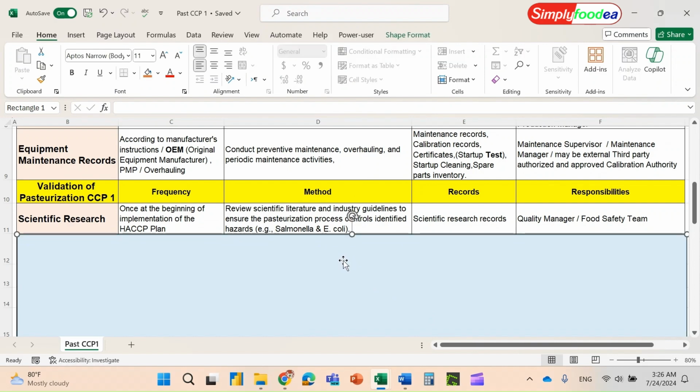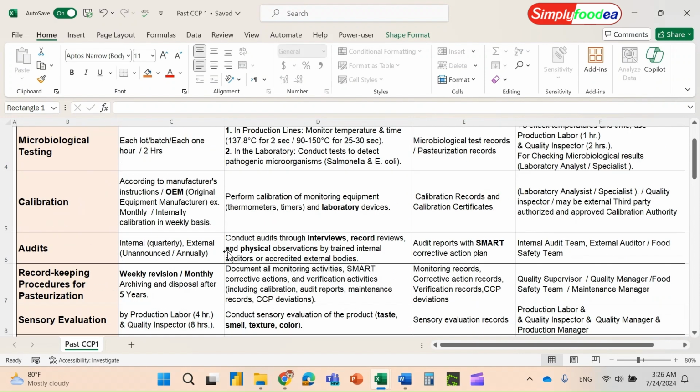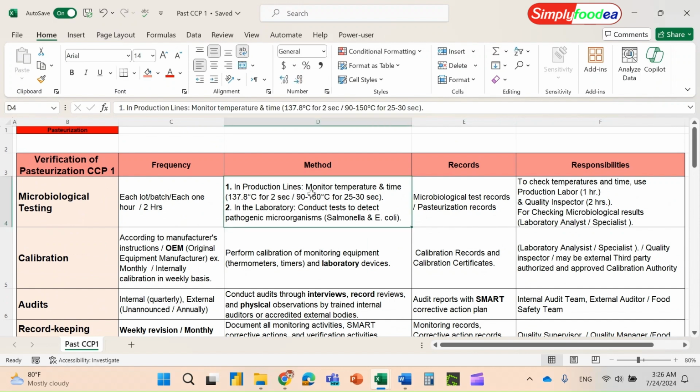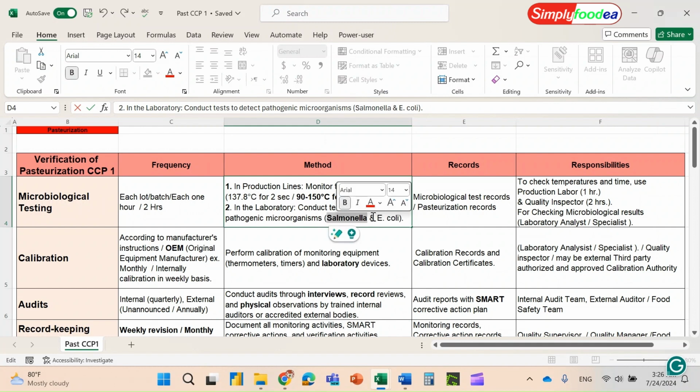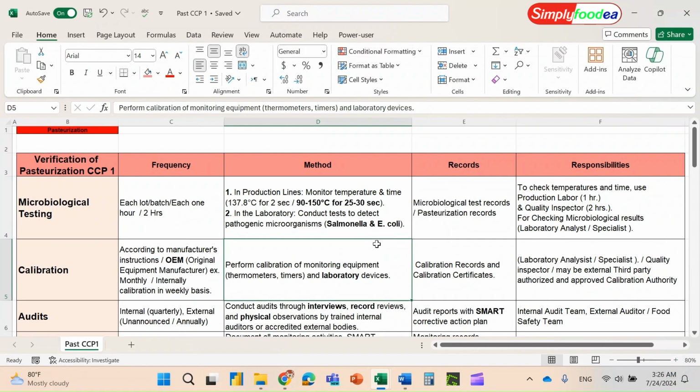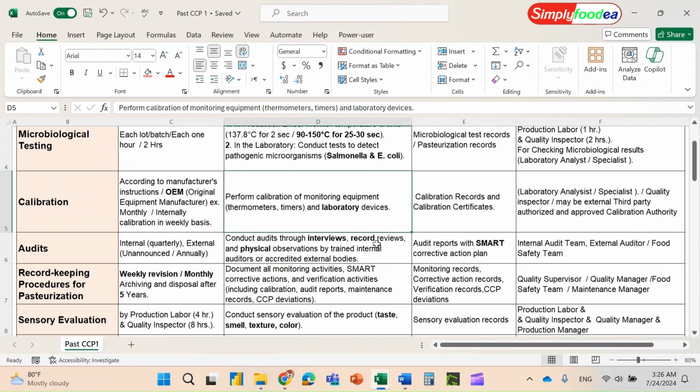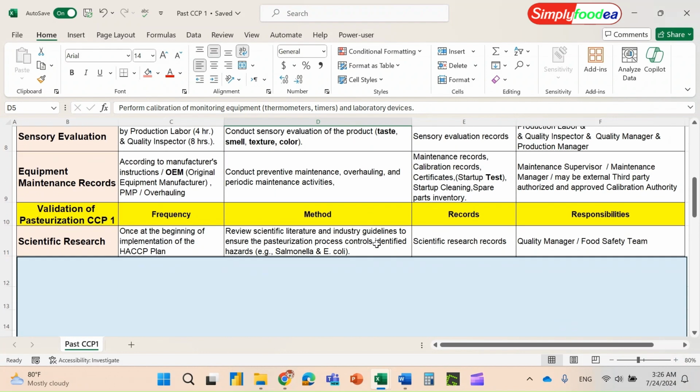Like previously mentioned, I am ensuring that the parameters I have set about the temperatures and the time are according to a scientific base and according to historical data. And mainly scientific base, because all the risk in the pasteurization is from Salmonella and E. coli. Improper pasteurization leads to Salmonella and E. coli infestation. So I must ensure this data.